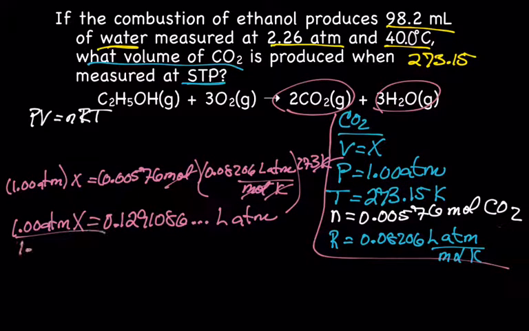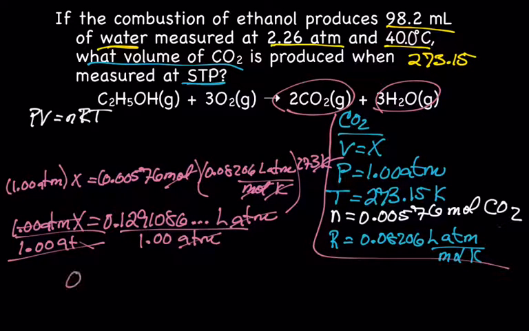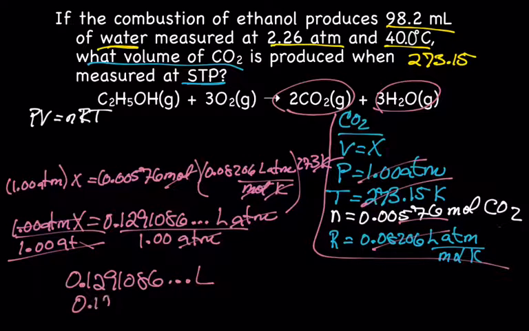Divide both sides by 1 atm, giving us 0.129108 etc. liters. And our sig figs, constant, we don't need to worry about it. 3 and constant. So 3 sig figs. So the final answer is 0.129 liters of CO2.